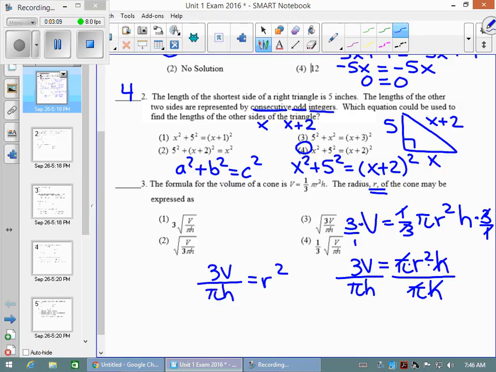To undo a square, you need to use a square root. Now normally, and we've talked about this in class before, when you use a square root in an equation, you do need to indicate the positive and the negative. However, because this is talking about the radius, it's a measurement of something, I'm going to just consider the positive root. So I'm looking for the square root of 3v divided by pi h, which is choice 3.